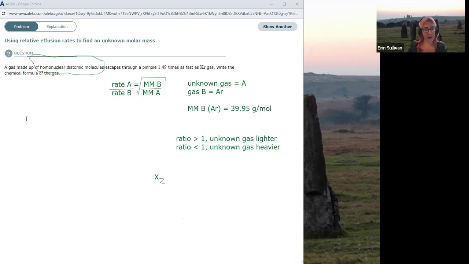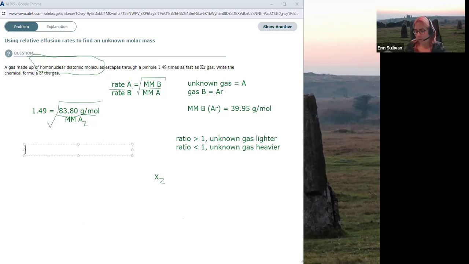Okay, so rate A over rate B is 1.49. Okay, that is the square root of the molar mass of krypton, which is 83.80 grams per mole, divided by the molar mass of our unknown gas. And I'm going to put A subscript 2 just to remind us that it is a homonuclear diatomic, like so. All right, so we've got to square both sides to get rid of that square root.